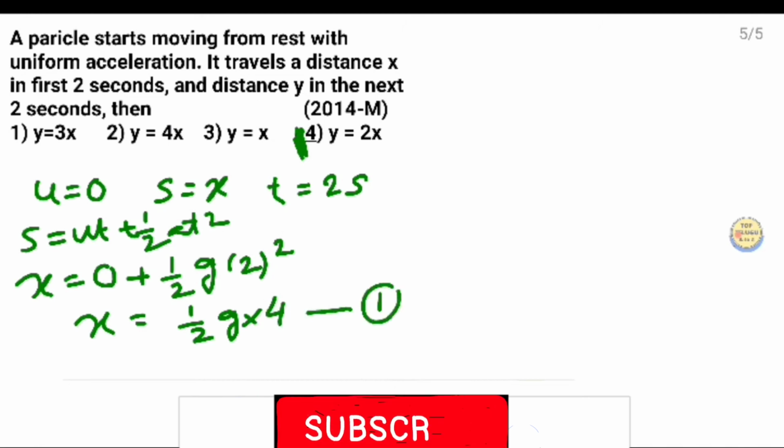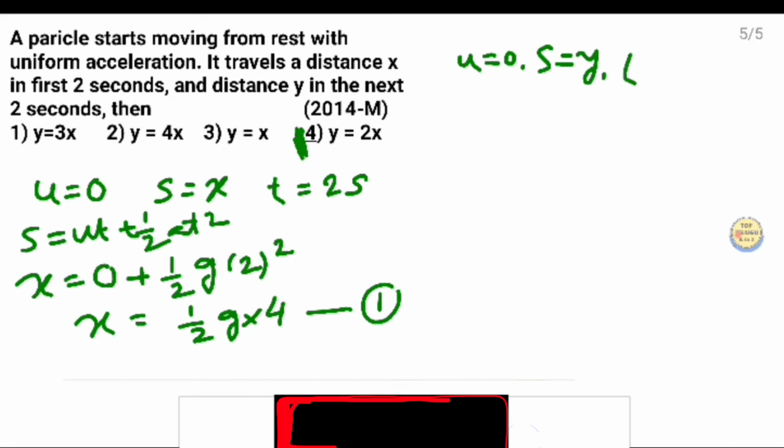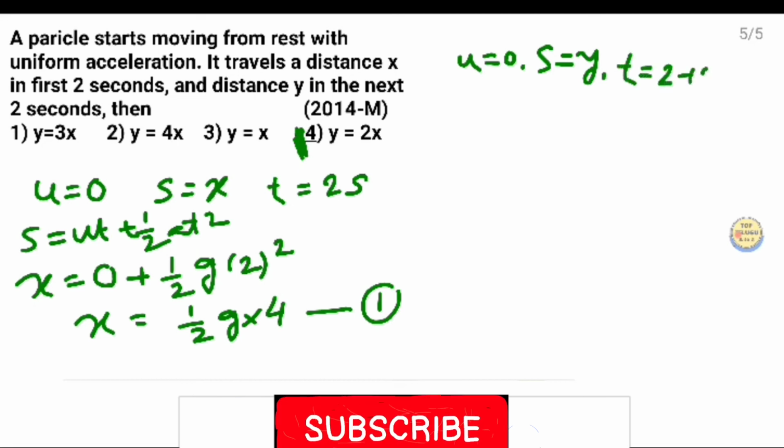Next, distance y in the next 2 seconds. Here also, in case 2, u is 0 and s is y, and time t is the next 2 seconds, meaning 2 plus 2. Initial is 2 and after 2 seconds means 2 plus 2, we get 4 seconds.